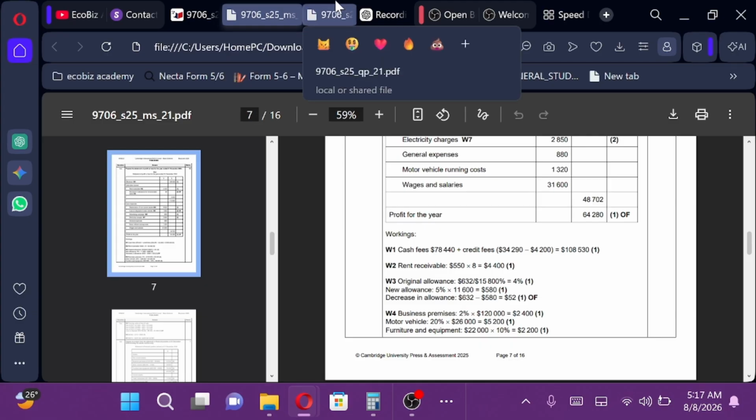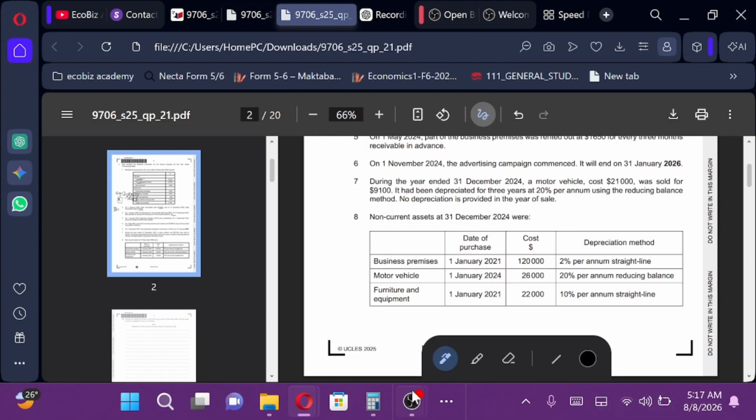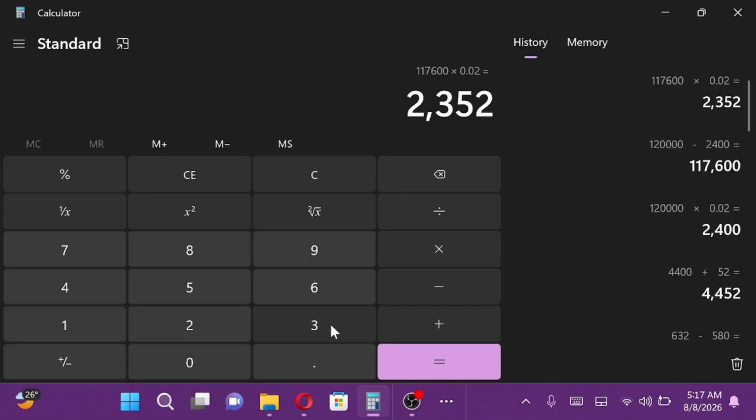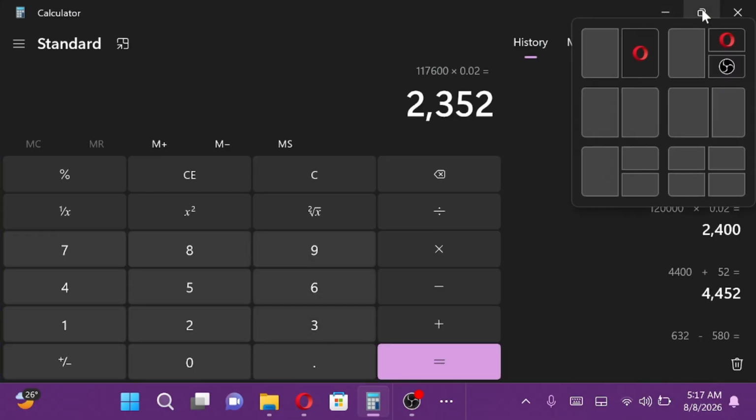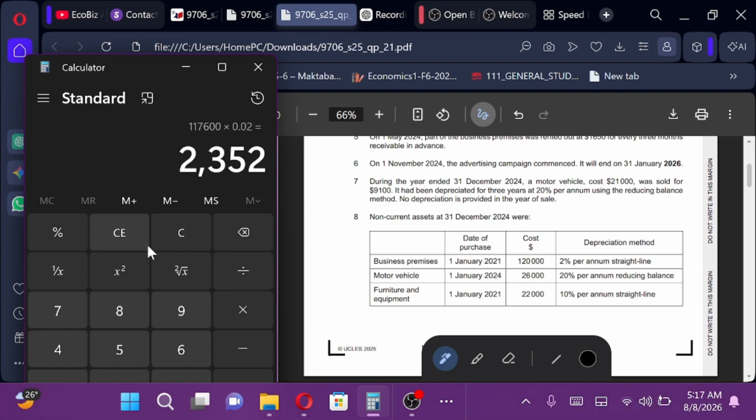We take 120,000, times it by 2%. What do we get? We get 2,400. Now this is the amount of depreciation for the business premises.